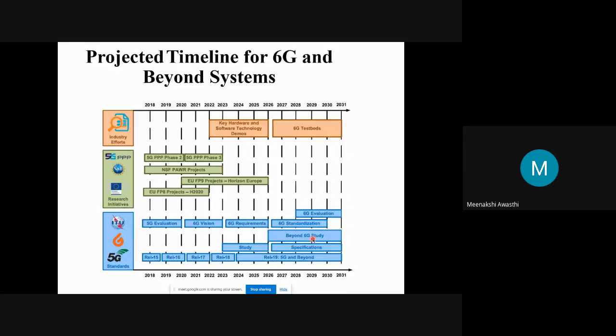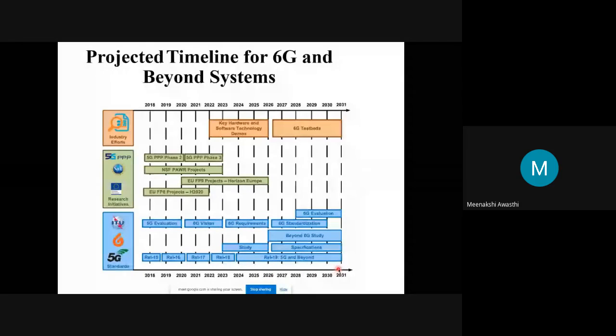Beyond 6G study will be there in the same year, and then specifications will be designed for that. So from 2026 to 2031, beyond 6G study will be there.